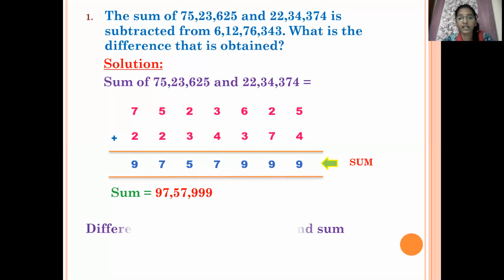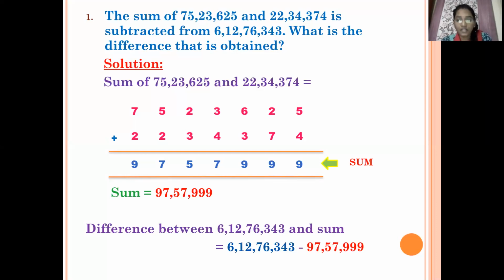97,57,999. Now to get the difference between the large number, that is 6,12,76,343, and the sum, 6,12,76,343 minus 97,57,999, you will arrange in columns.